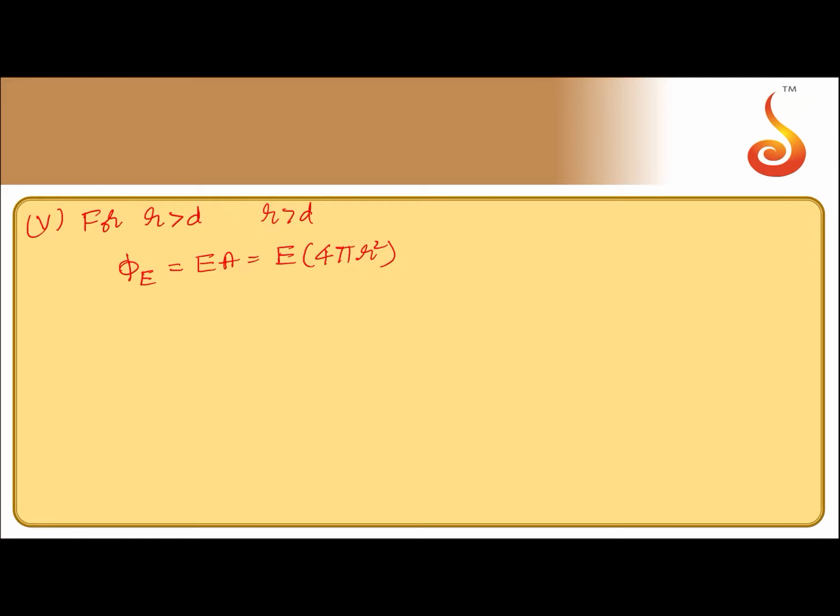So, from Gauss law, flux is what? Total charge enclosed, that is 6q divided by epsilon naught. So, equate these two, E into 4 pi r square is equal to 6q by epsilon naught.